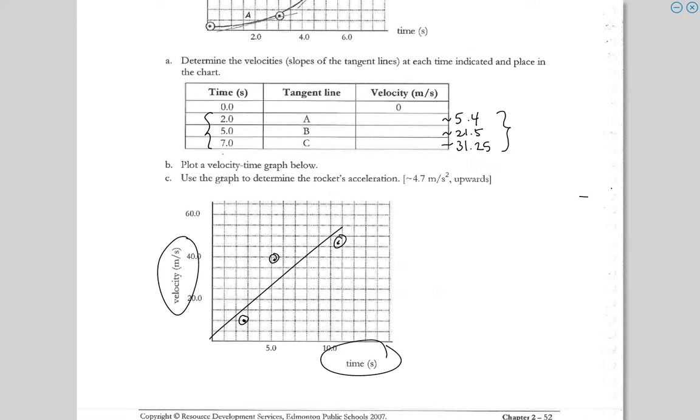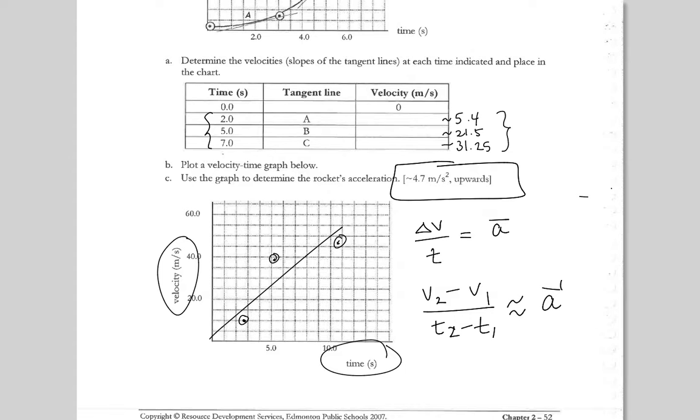A slope calculation for VT would be delta V over delta T. So you have a change in velocity over time, and this will give you acceleration, okay? So V2 minus V1 over T2 minus T1, and you'll get yourself an approximation for the acceleration. So when I used my data points, I got about 4.4.